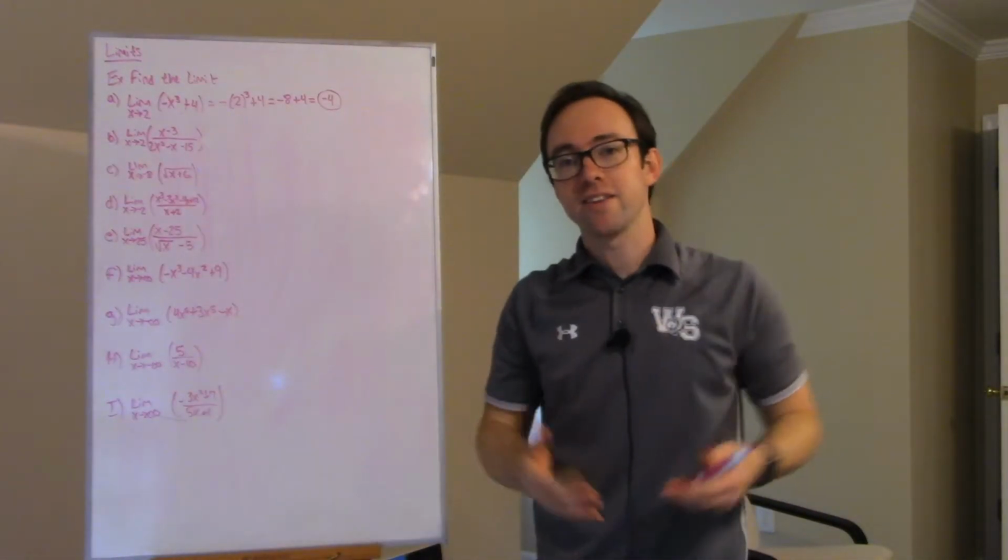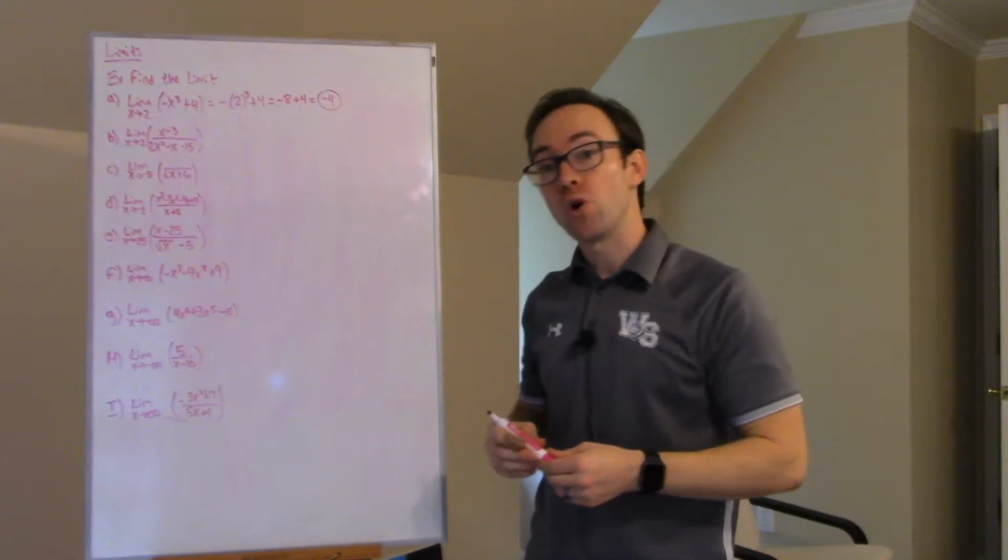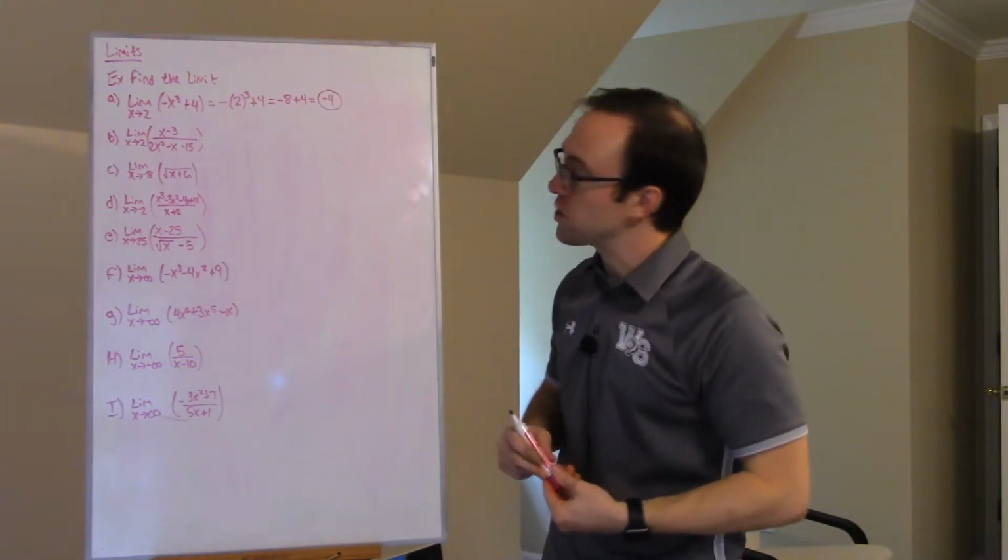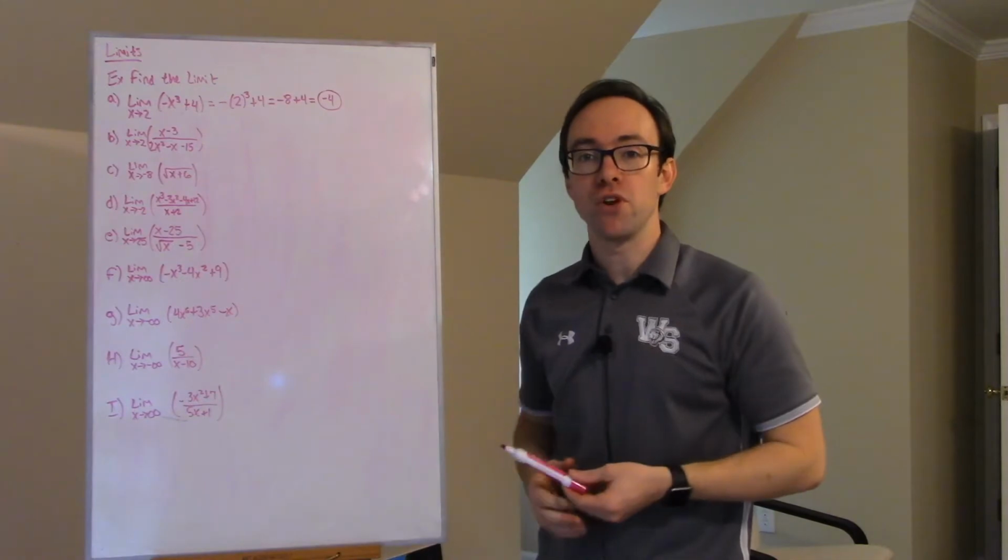Part B, we're dividing this time. So we're going to go ahead and use the quotient property of limits, which we saw on the first board of notes.